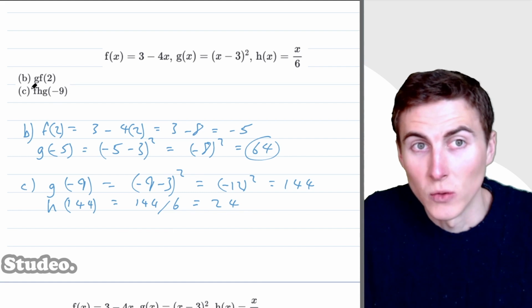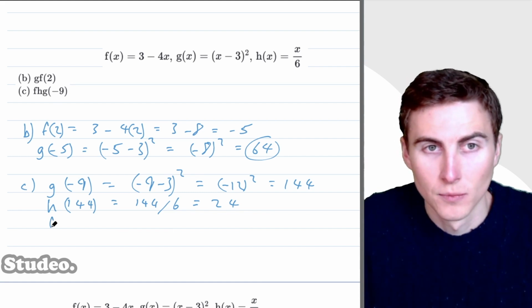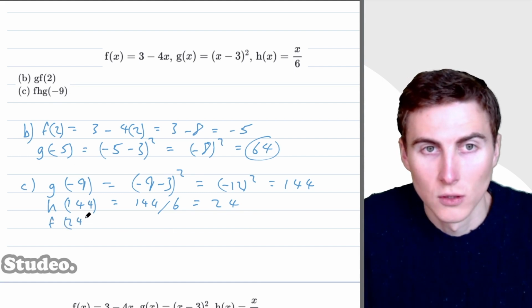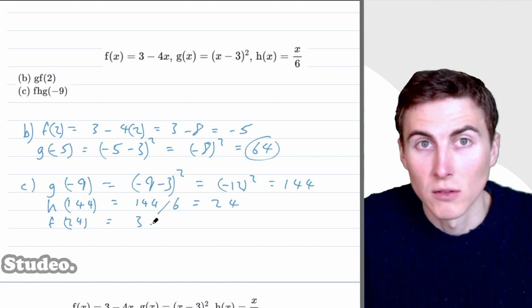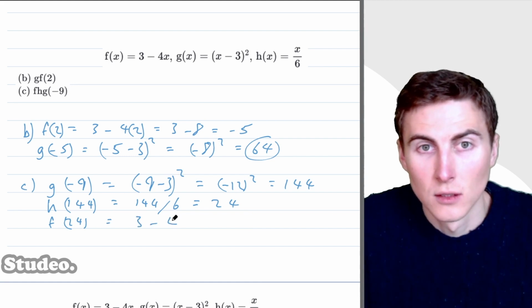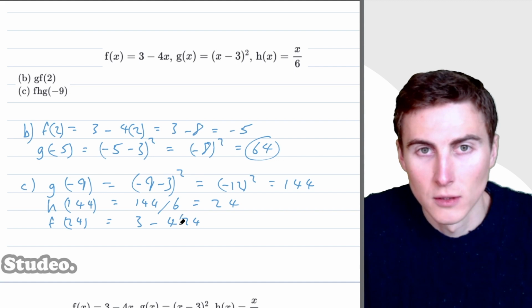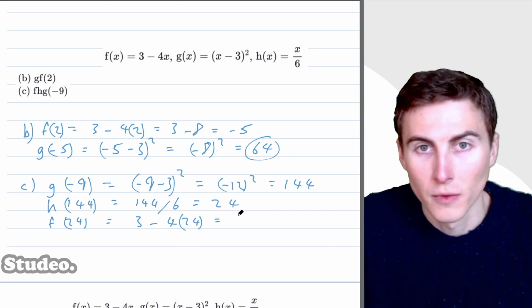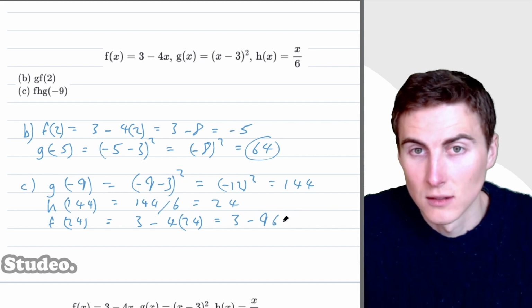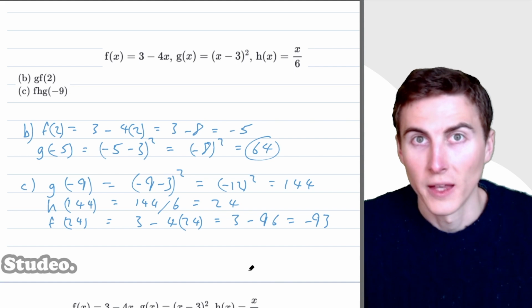And then we can do f of 24. So f of 24, and that's going to be 3 minus 4 times 24, which is 3 minus 96, which is minus 93. And that's it.